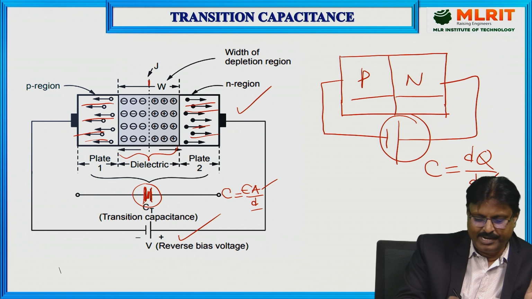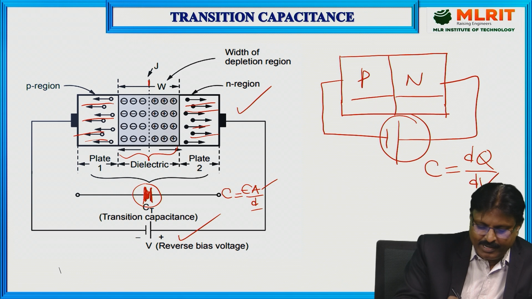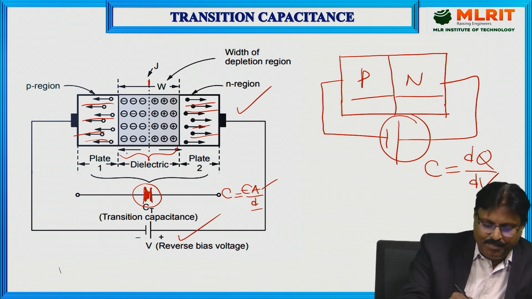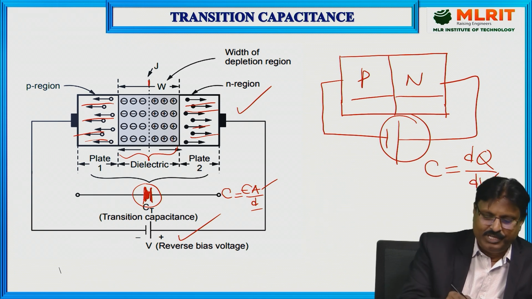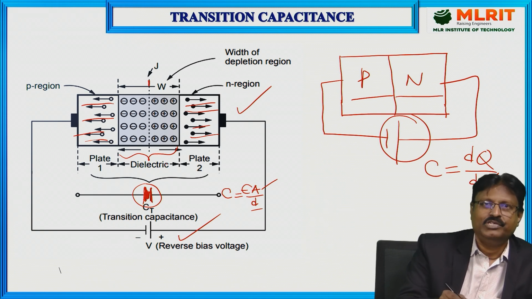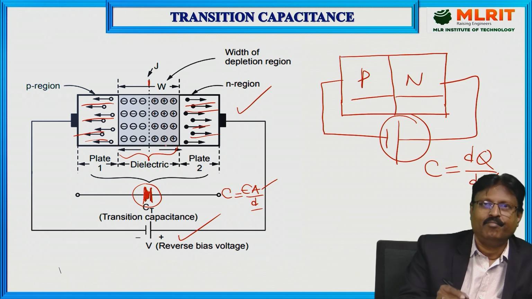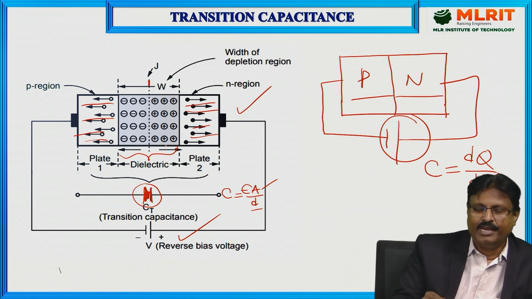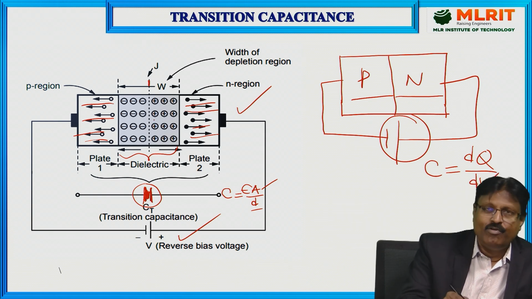In between, there is a dielectric material: the depletion region, formed by the immobile ions, has the property of a dielectric material. That is why I can compare the parallel plate capacitor with the diode under reverse bias.